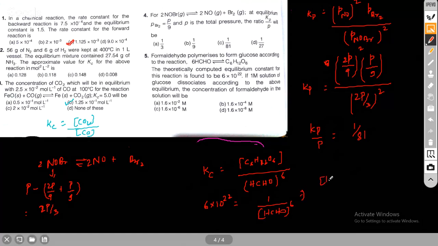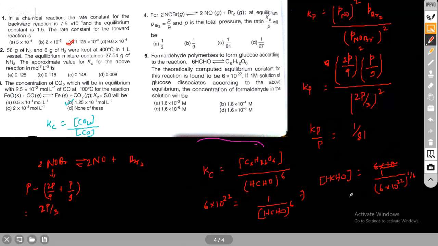So when you solve this, the concentration of HCHO will be 1 by 6 into 10 to the power 22, to the power 1 by 6. This is what you have to solve.